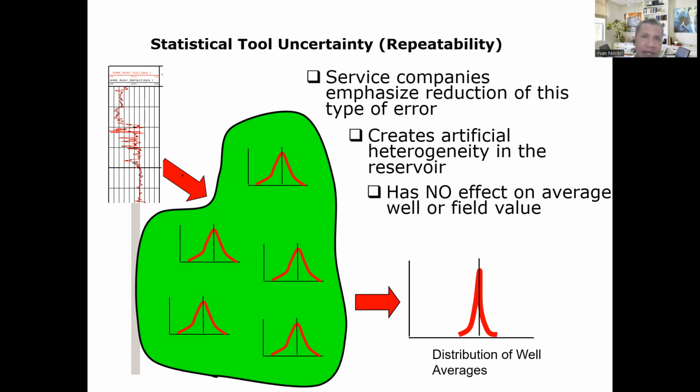Okay, the service company aims to minimize this type of error, as it can introduce artificial variation in the reservoir, though it doesn't impact the overall average values of the well or the field. The combined effect of reservoir properties, differences in logging tool response function, and choice of evaluation model parameters contribute significantly to the uncertainty in reservoir heterogeneity.